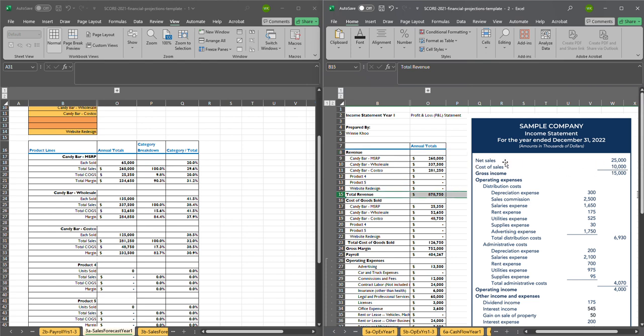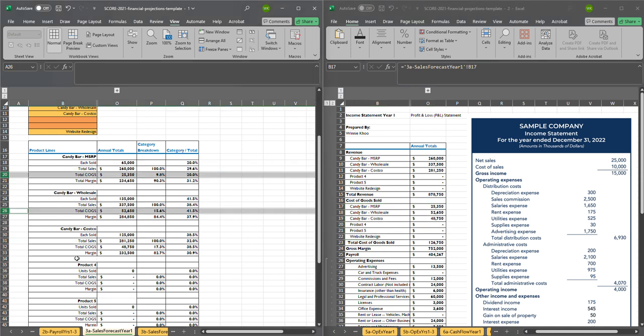And then the next line item or section will be cost of sales or cost of goods sold. So on the template side, we have COGS right underneath the sales on the sales forecast, and that is getting pulled into the cost of goods section.